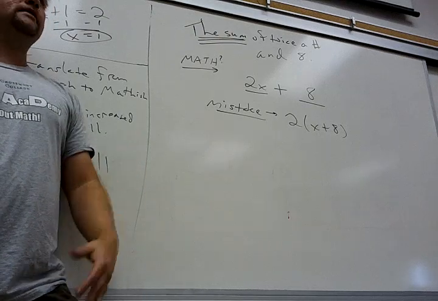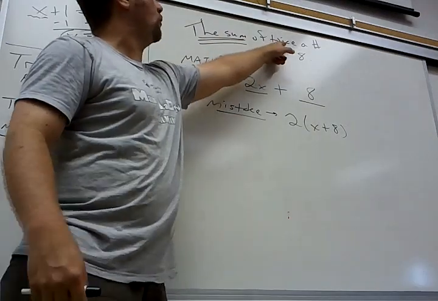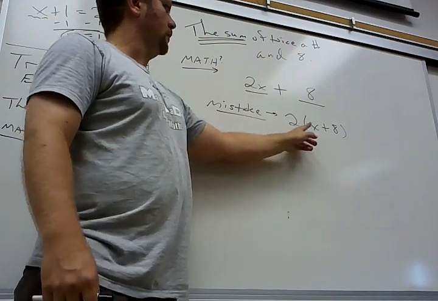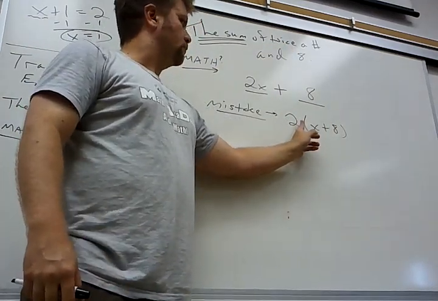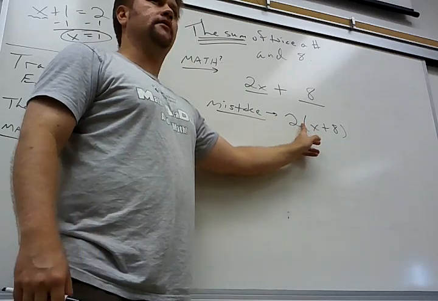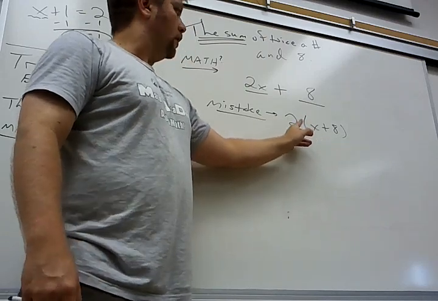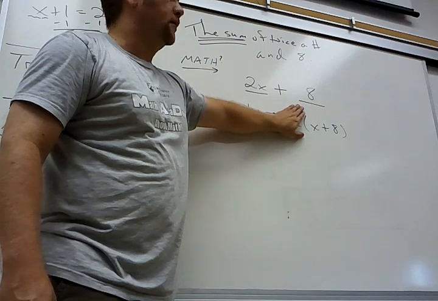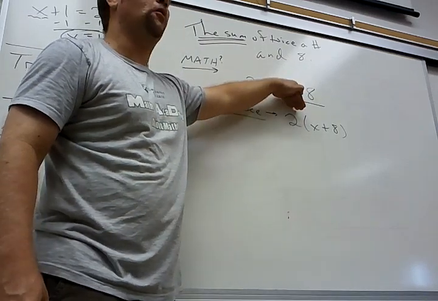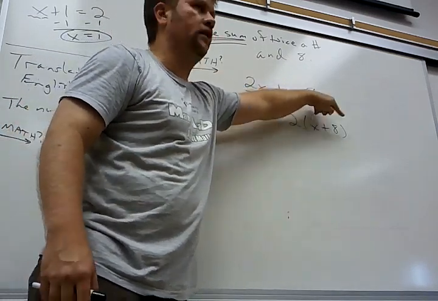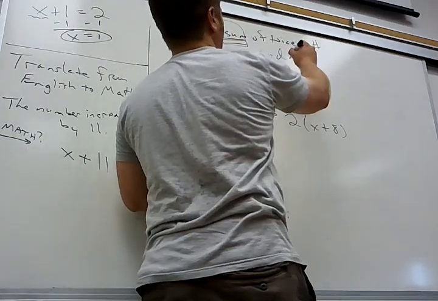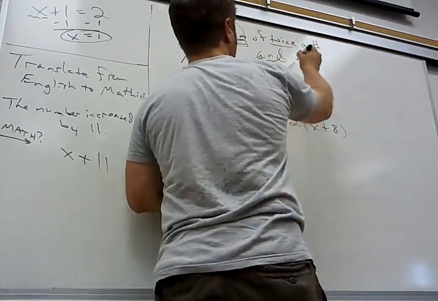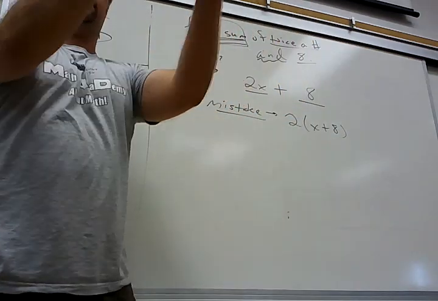Can you see why they might think it's that? They would key in on the fact that twice is first. Twice, a number and 8. But then that makes the multiplication the main thing. This would be the sum of a number and 8 doubled, or twice the sum of a number and 8. You guys see what I'm saying? So the sum is the main thing. Then you say of what and what, and those are the things that go around the plus sign.